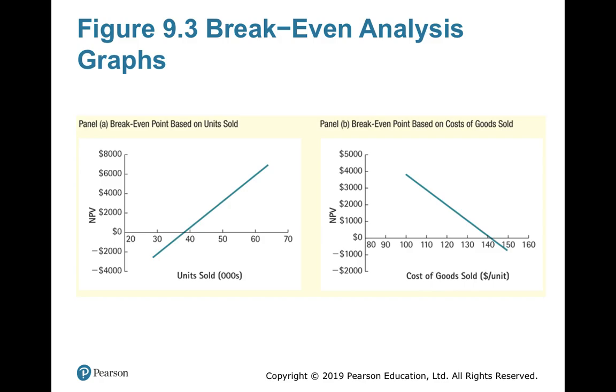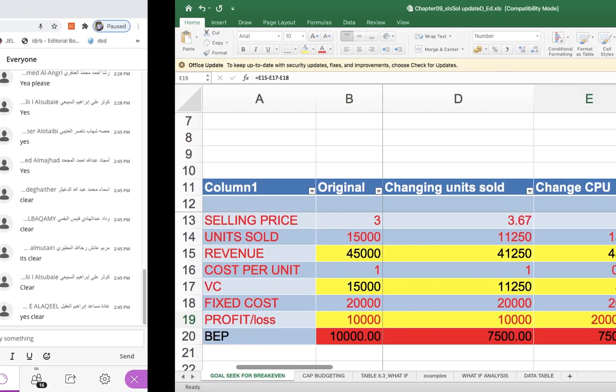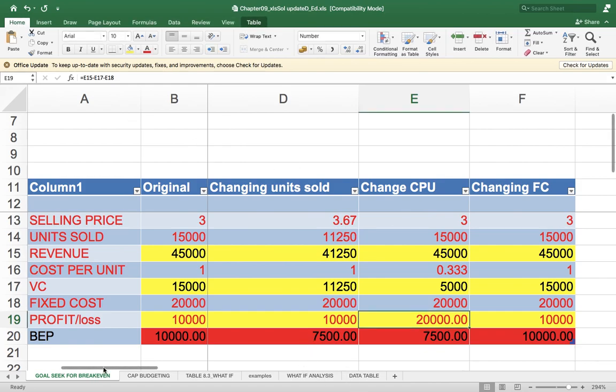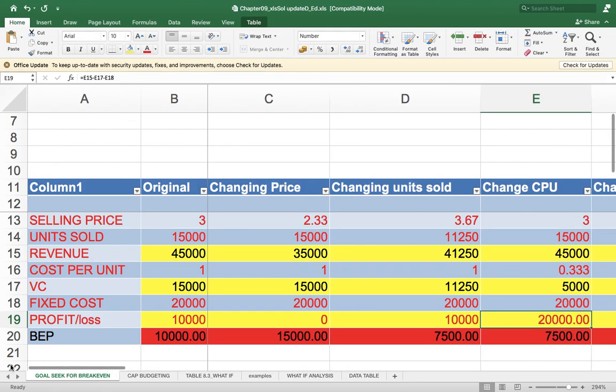Why? Break-even point is the zero profit, zero loss zone. Whichever you see, one by one, only sales and cost are being taken. For example, what will be the selling price when you will get the break-even profit to be zero? 2.33 should be the selling price.